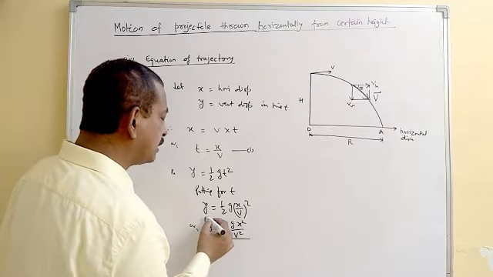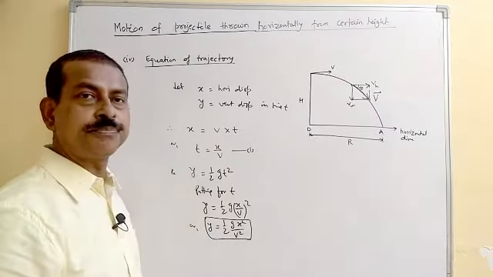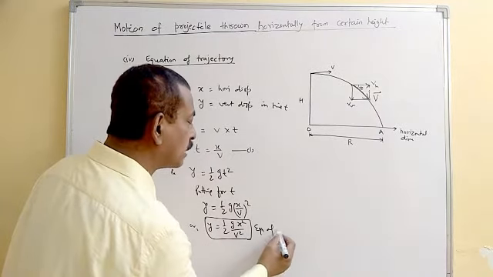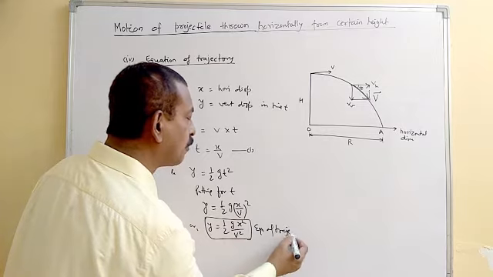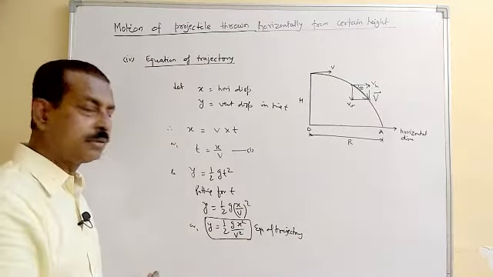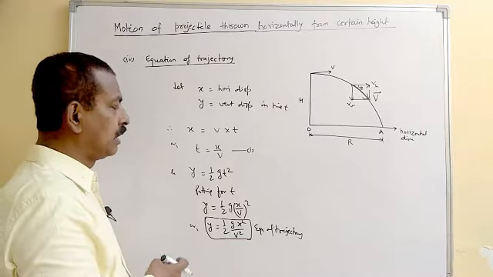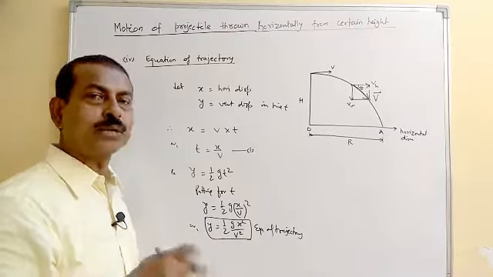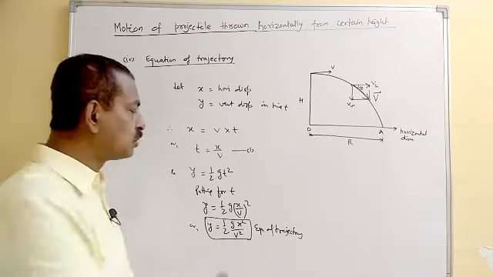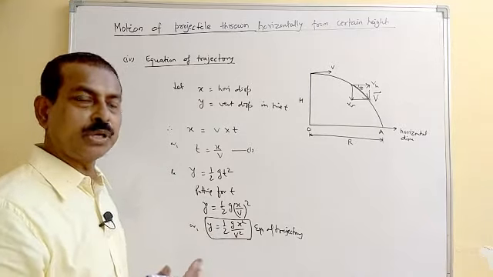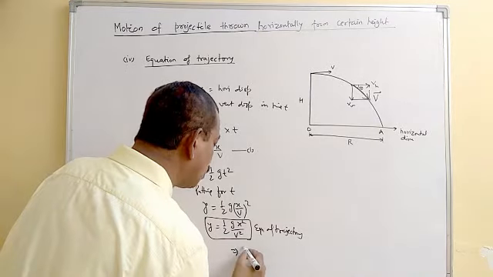So again, this is the equation of a parabola, because it is the equation of the trajectory, and it is in the form of the parabola equation, y equals 4a x square. So in that case the path will also be parabolic.